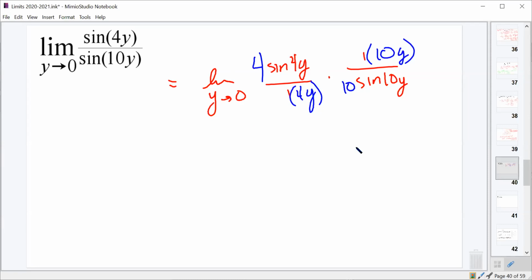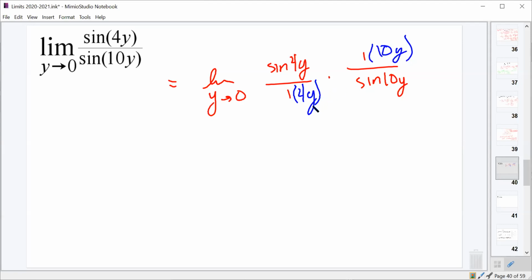Can you do that again? Sure. All right. So we know that we need to put a 4y down here, and we know that we need to put a 10y up here. So I put a y up in the numerator and I put a y in the denominator. Those are good. Those cancel out. That's y over y. That's 1.